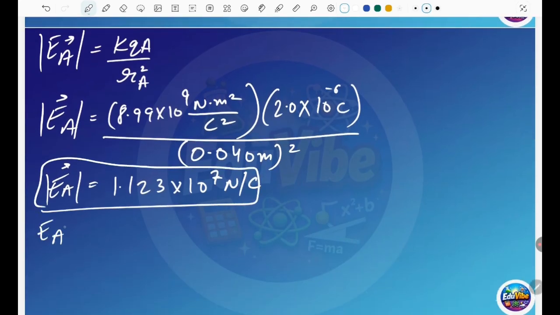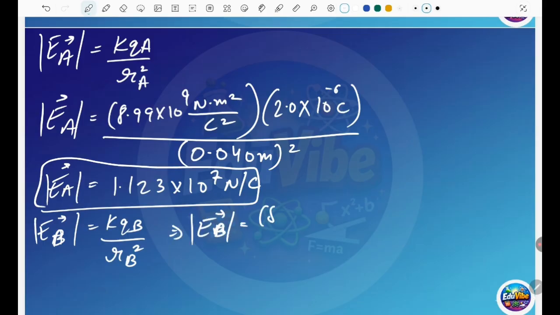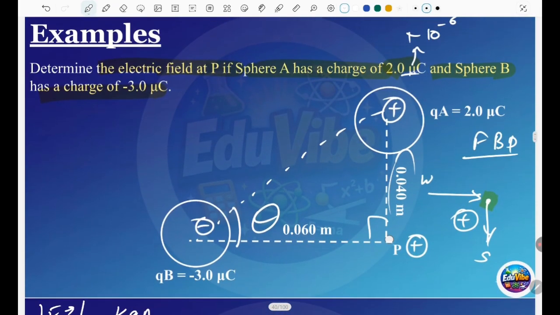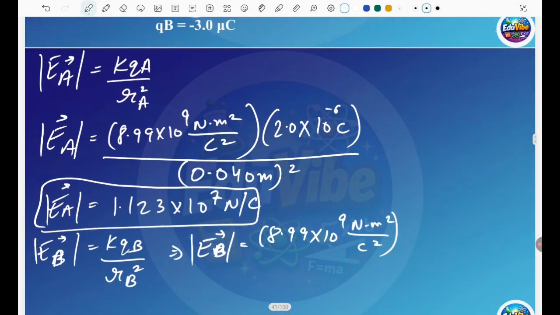Now you have to find your EB. So it's k QB over r B squared. Again the k value is 8.99 into 10 raised to power 9 Newton meter squared per coulomb squared. For the charge, the negative or positive sign only tells you whether the field is towards or away. When you use the formula, you have to take the charge as positive, whatever the sign is.